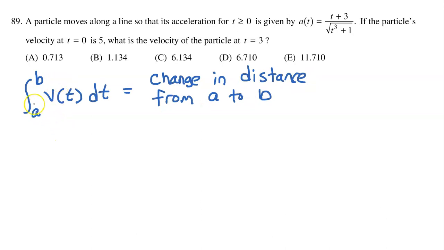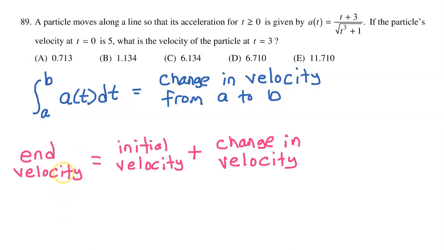Instead, we say the integral of velocity from a to b equals the change in distance from a to b. Similarly, the integral of acceleration from a to b is equal to the change in velocity from a to b. It makes sense that the end velocity will equal the initial velocity plus the change in velocity.